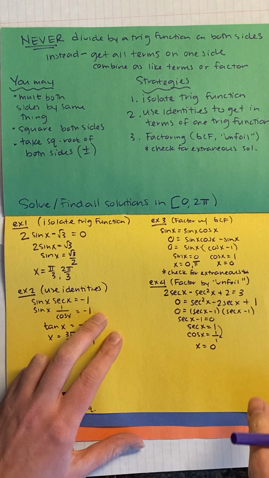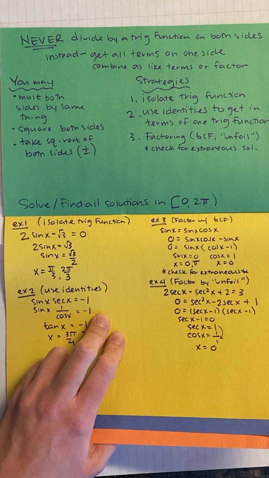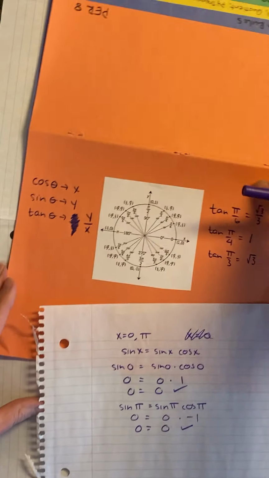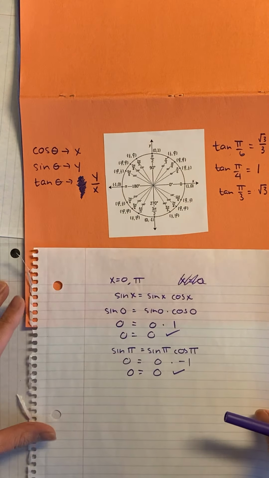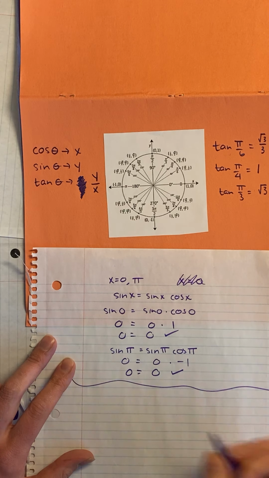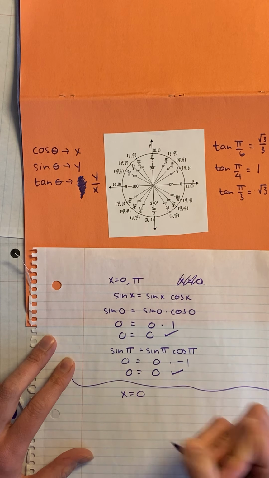So again, I'm going to show you on a separate sheet of paper how we would use the unit circle to check that work. The solution that we got for example 4 is that x is equal to 0.